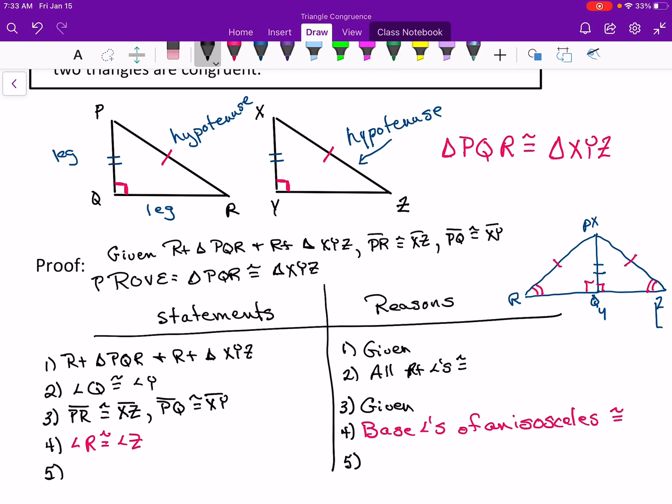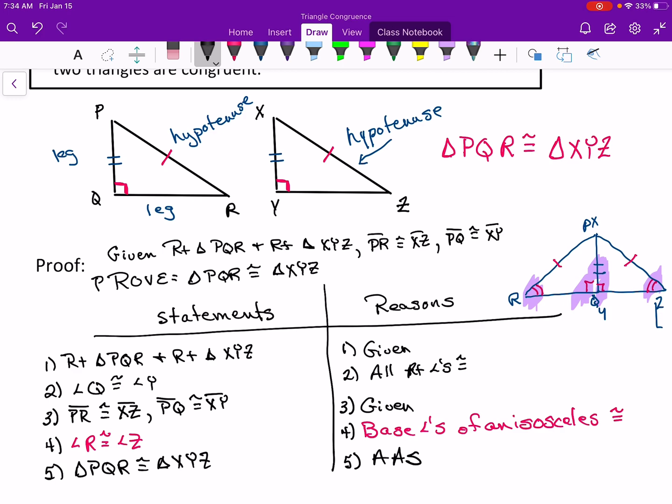Because now if we look at the individual triangles, we have A, S, A, S. So we can now say that the two triangles, triangle PQR is congruent to triangle XYZ by AAS.